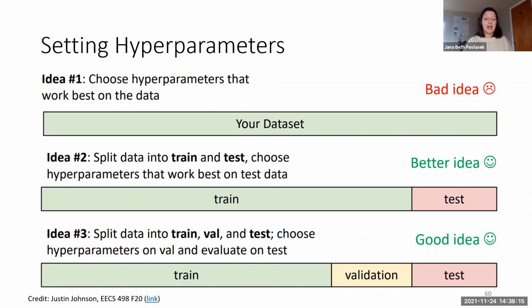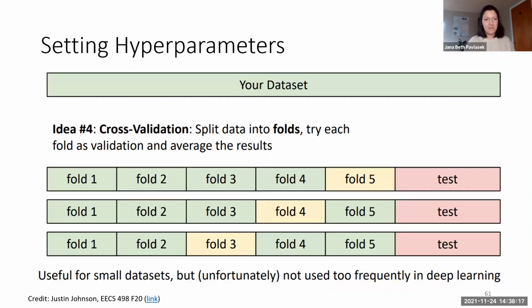So there's another version of this, which we call cross-validation. Instead of splitting up our training data into training and validation just once, we can split our training data into, let's say, k equal folds.